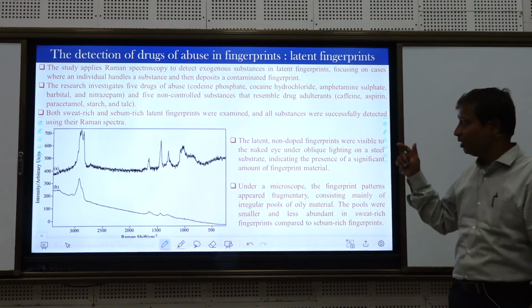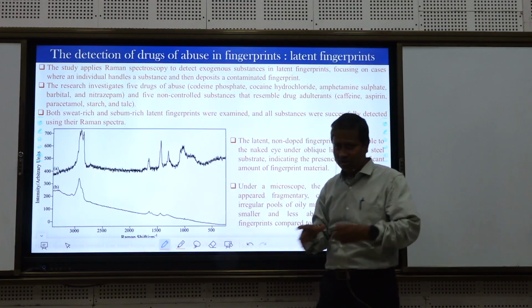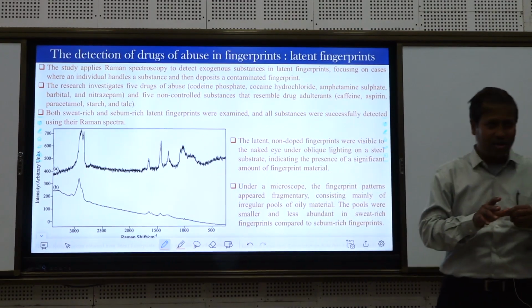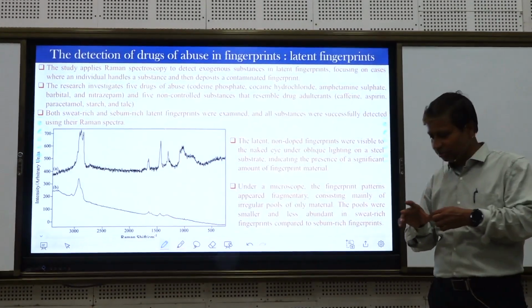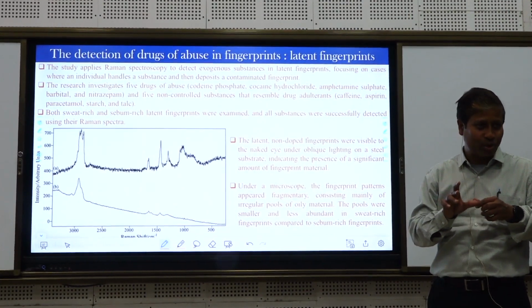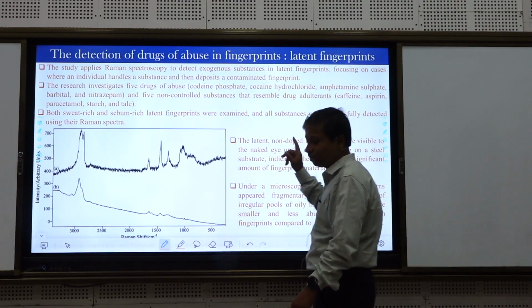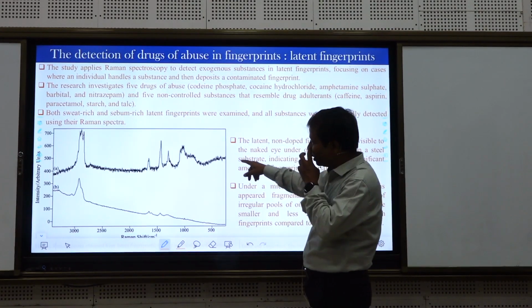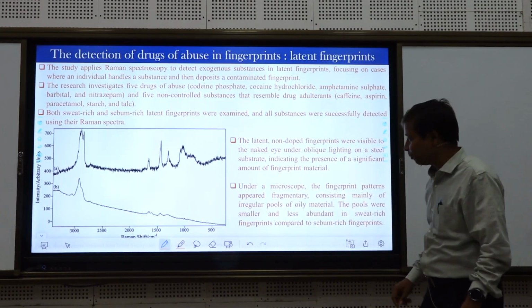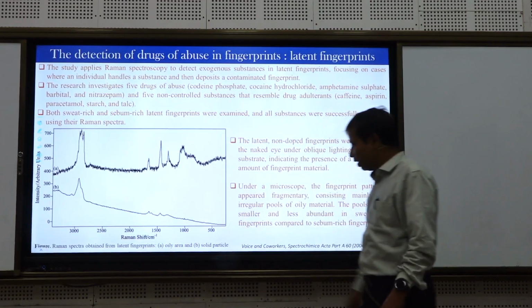From that fingerprint, you take the information whether there is a drug or not. The main problem is that with a fingerprint, you have oil, dry cells, as well as some proteins. From there, you have to find out the signature of the drug molecule. This can be done in a very efficient way using Raman spectroscopy.